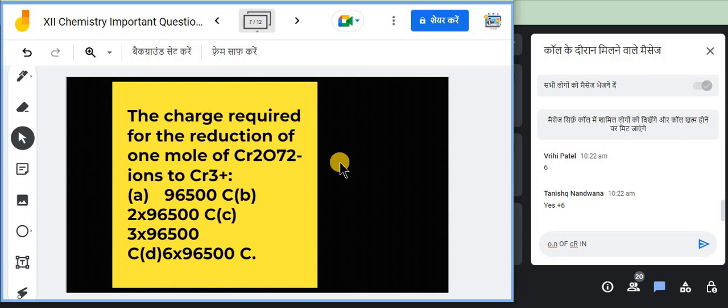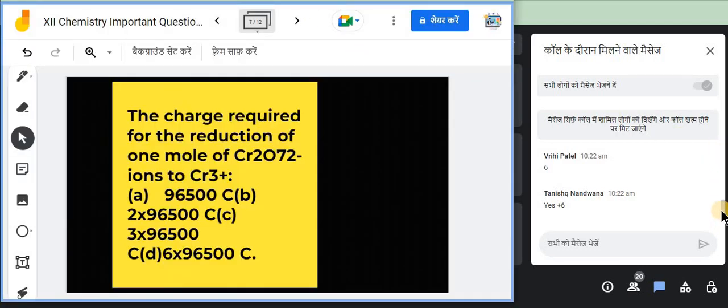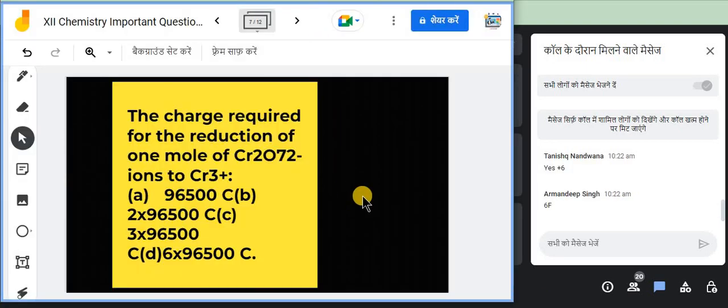As per Faraday's law, Q is equal to nF. And the question is, what would be the charge required, whether we require 6F or 3F. 1 mole of Cr2O7 2 negative is to be reduced to Cr3 plus. It would be 3F or 6F. You can write in the chat box, please.